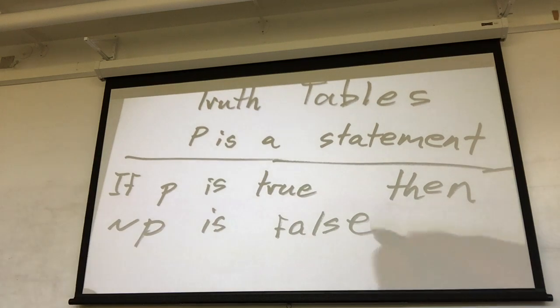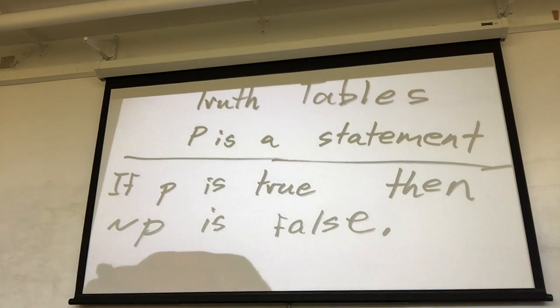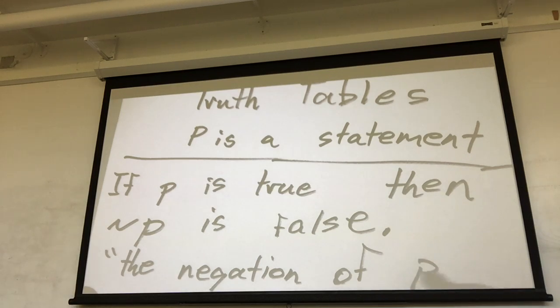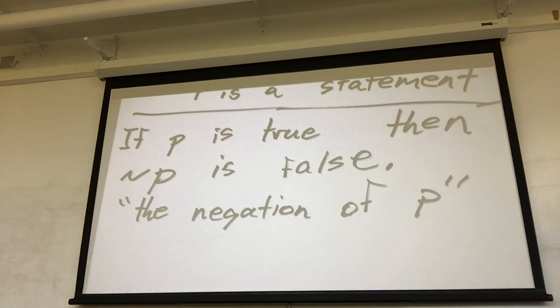Okay, so this is what's known as the negation of P. And this is going to be kind of abstract at the beginning, and then we'll get into some actual theorems.